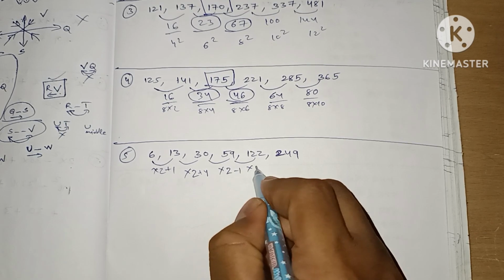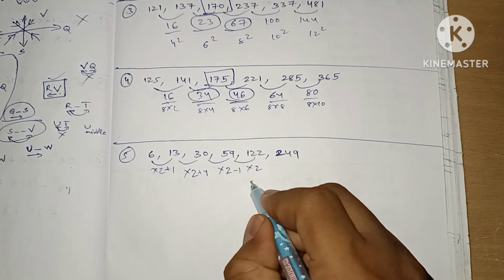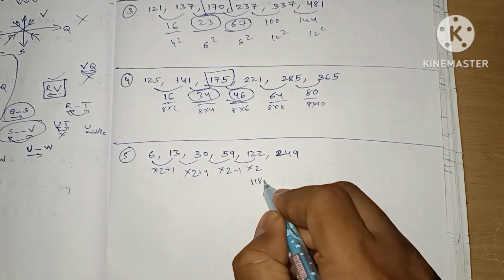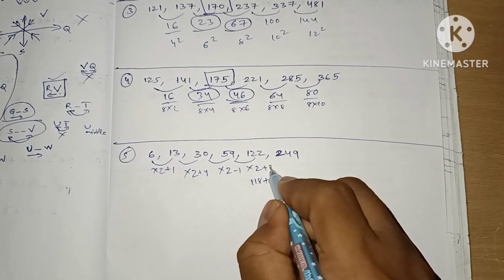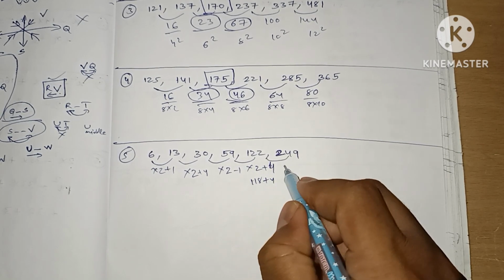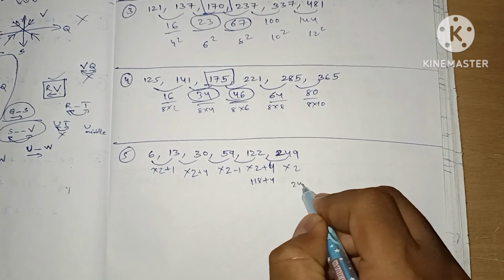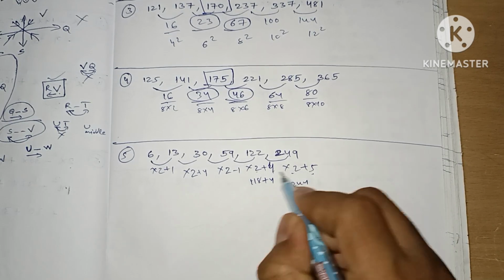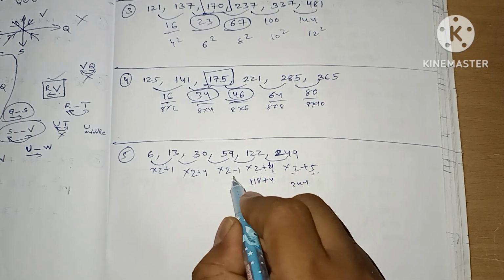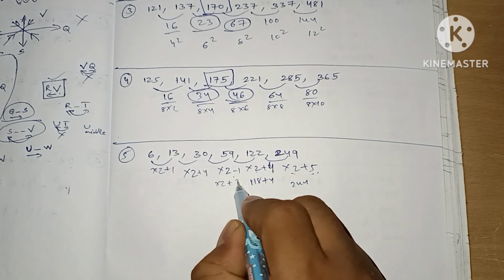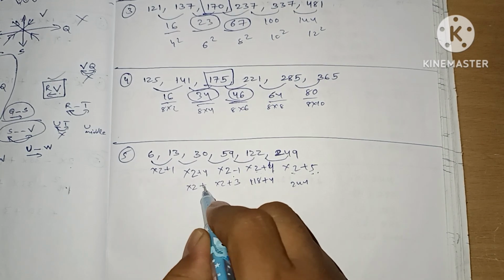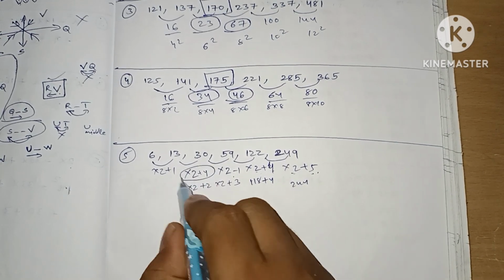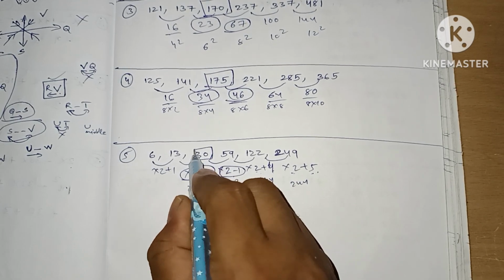This looks like into 2 will be 118 plus 4. 22 plus 4. Here it looks like into 2 means 244 plus 5. Into 2 plus 5, into 2 plus 4, plus 5 means it must be into 2 plus 3. It must be into 2 plus 2. So these two are wrong. So wrong number is this one.